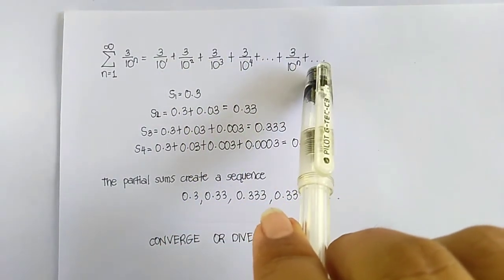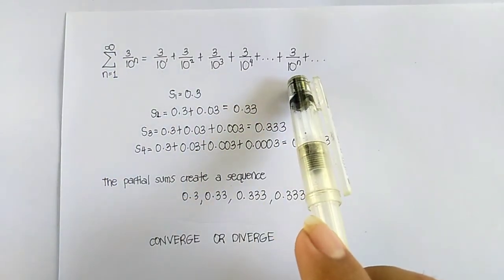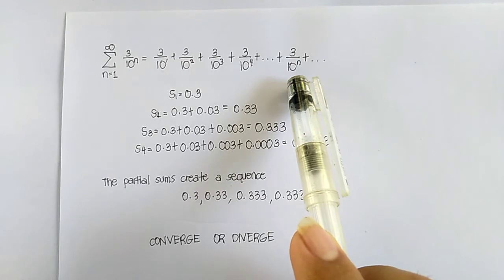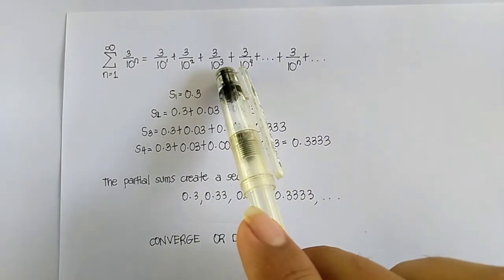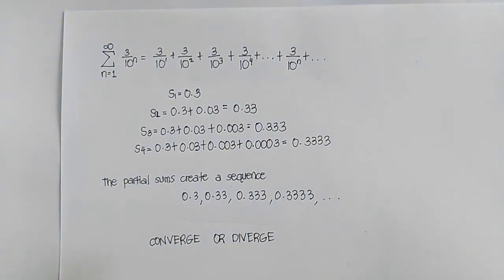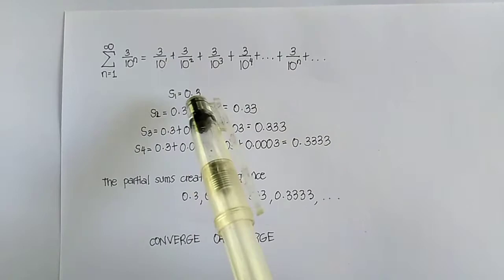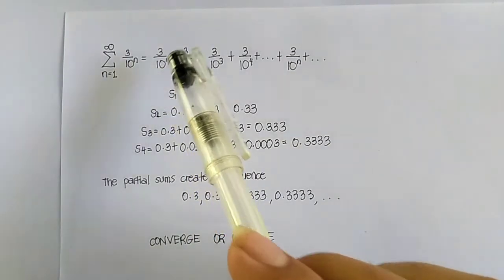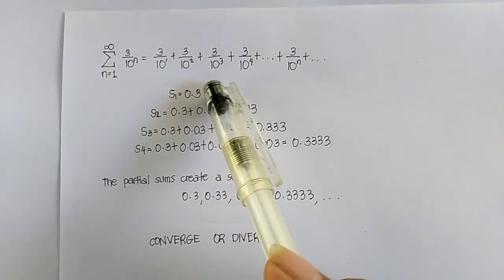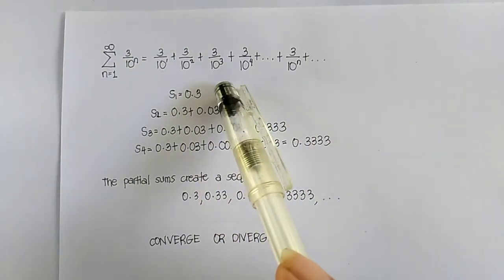For us to be able to justify whether this infinite series converges or diverges, we have to find the sum of these terms. So let's take a look at the partial sums in decimal notation. The sum of the first term is 3 over 10, so in decimal notation, s sub 1 equals 0.3.